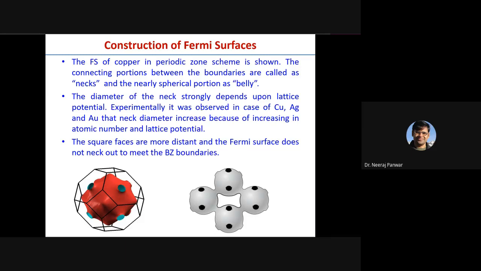Experimentally, it was observed that in case of copper, silver, and gold, the neck diameter increases because of the increase in atomic number and lattice potential. The square faces are more distant, and the Fermi surface does not neck out to meet the Brillouin zone boundary, as is shown here.